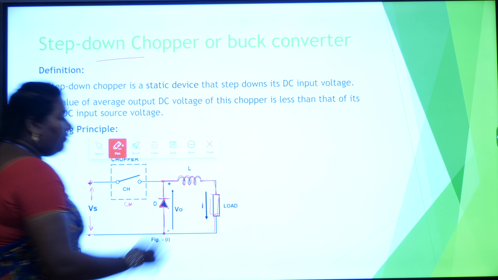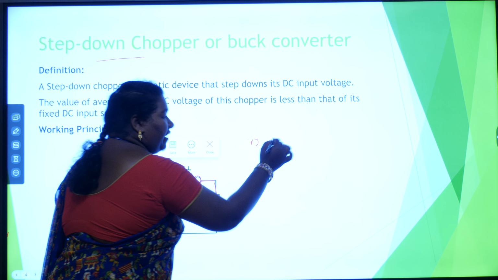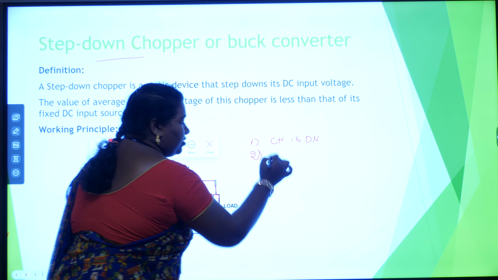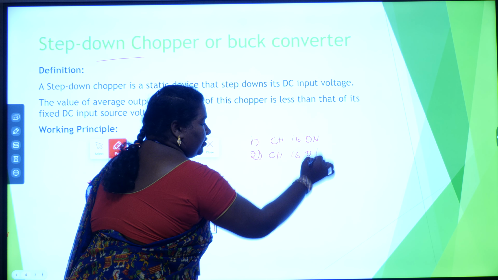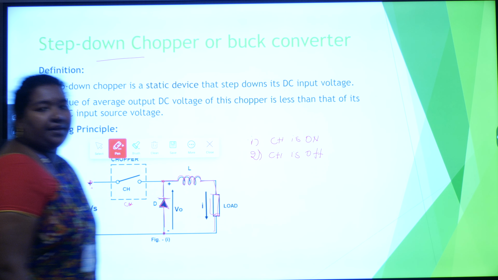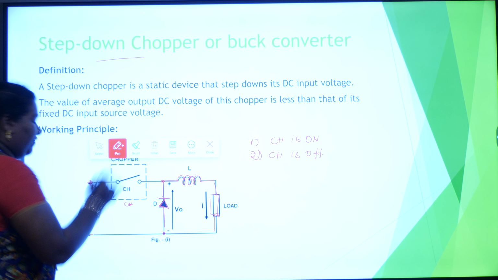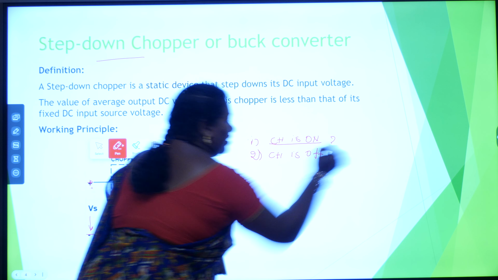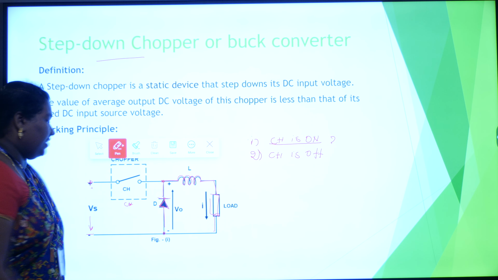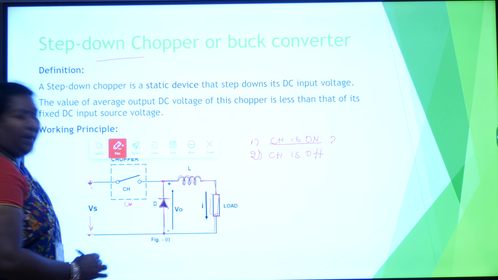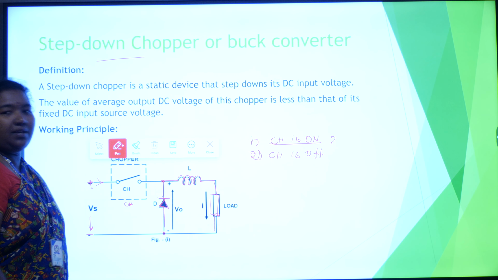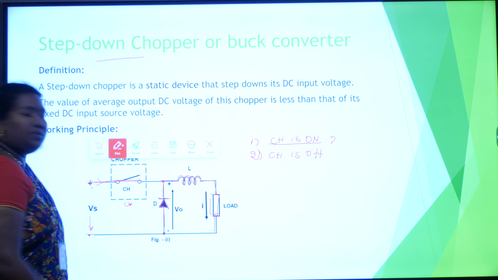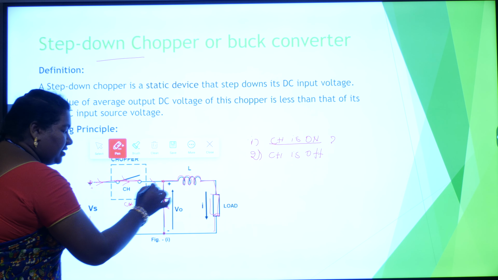In this we have two modes of operation: when CH is in on state, and when the chopper is in off state. Firstly, when the chopper is in on state, the supply Vs passes and the switch is in closed state, so current passes through this circuit.